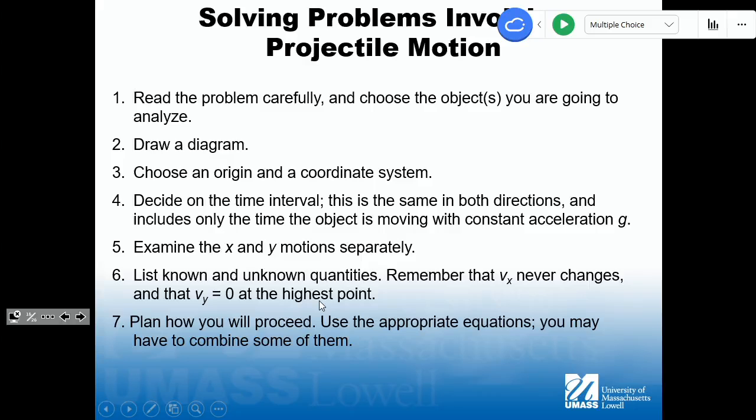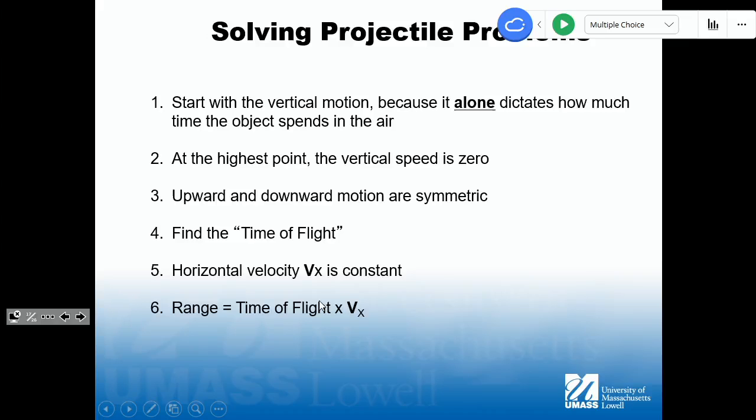The more common one is people use acceleration in the x and also 9.8. That's not true. Acceleration in the y is 9.8. Acceleration in the x is 0. Remember diagrams, labels, tables. That will get you really far. And like I said, start with the vertical motion because that is what determines how long this thing is in the air.